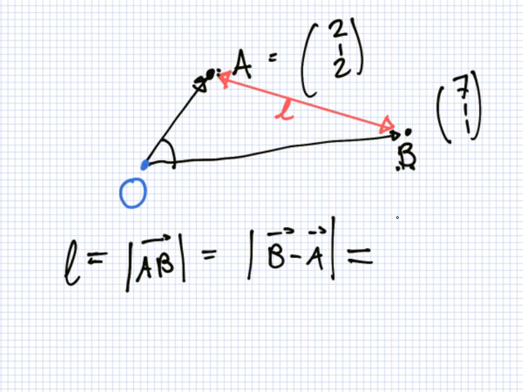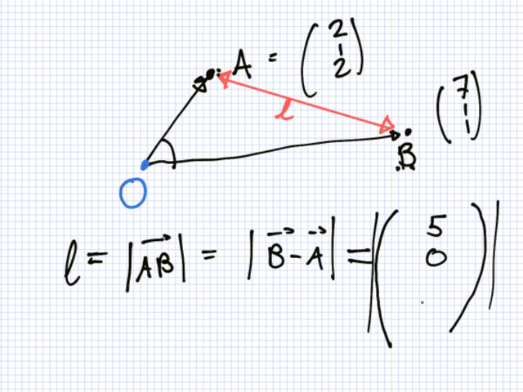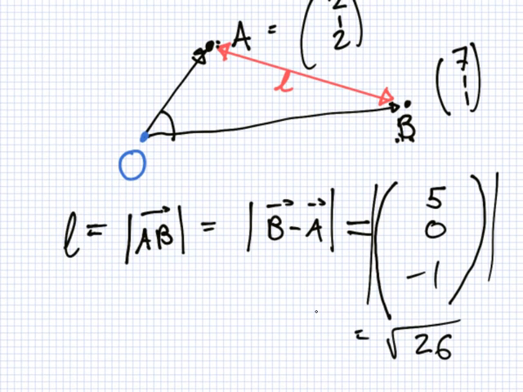No, but you understand how English works, don't you? You have to understand how English works. B minus A would be the magnitude of 5, 0, and minus 1. So that's the square root of 26. Yeah, so that's the length from A to B, root 26.